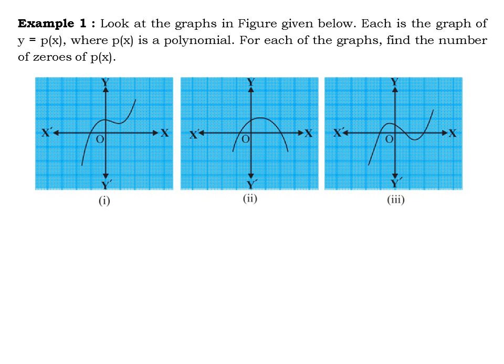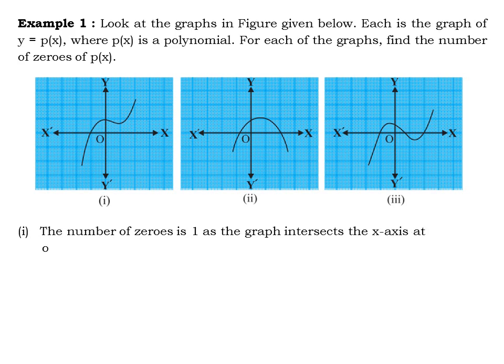Now talking about the first case. What is the number of zeros in the first one? We can see there is only one point where the graph is cutting the x-axis. So for case 1, the number of zeros is 1 as the graph intersects the x-axis at one point only. Now talking about the second one, here we can see there are 2 points where the graph intersects the x-axis.